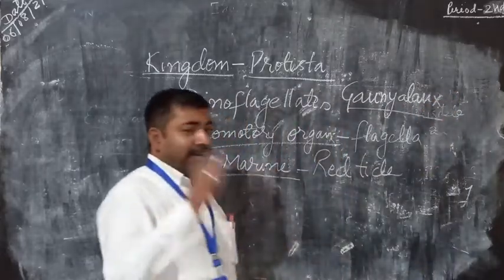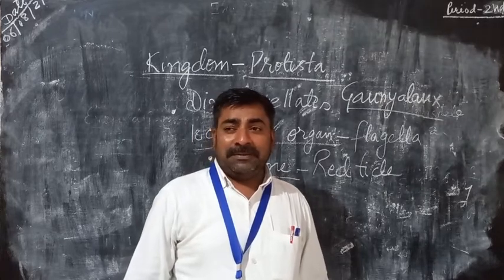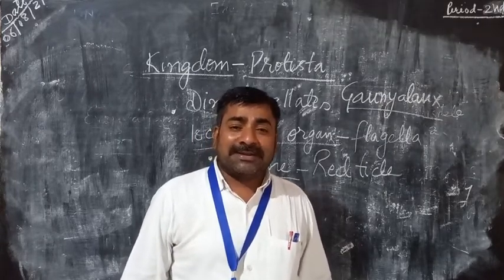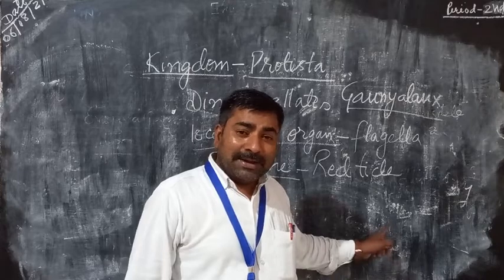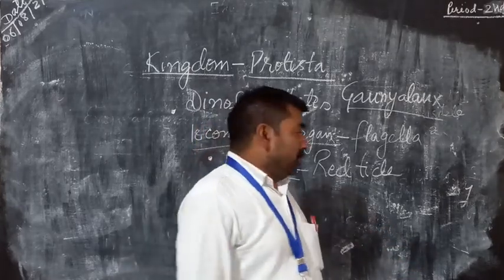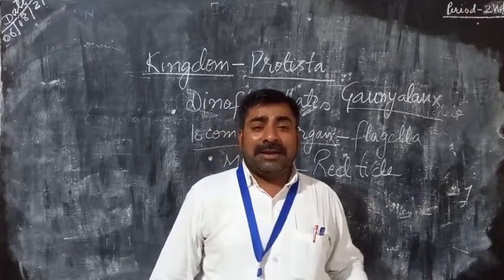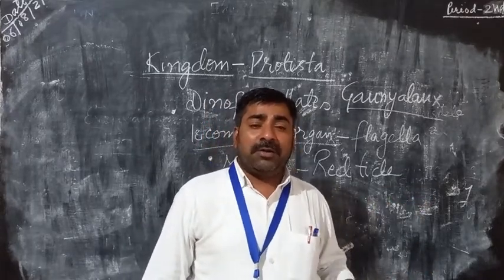When there is red tide in oceanic water or sea water, what happens? They produce toxic chemicals during red tide, which are harmful for aquatic life, basically for fishes.